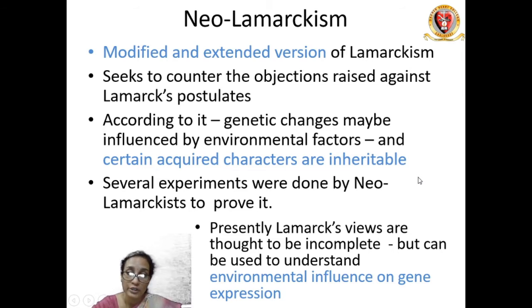So, several neo-Lamarckists tried to prove this through experiments. Presently, however, Lamarck's views are thought to be incomplete, but we can try to use Lamarck's postulates to understand influence of the environment on gene expression today.